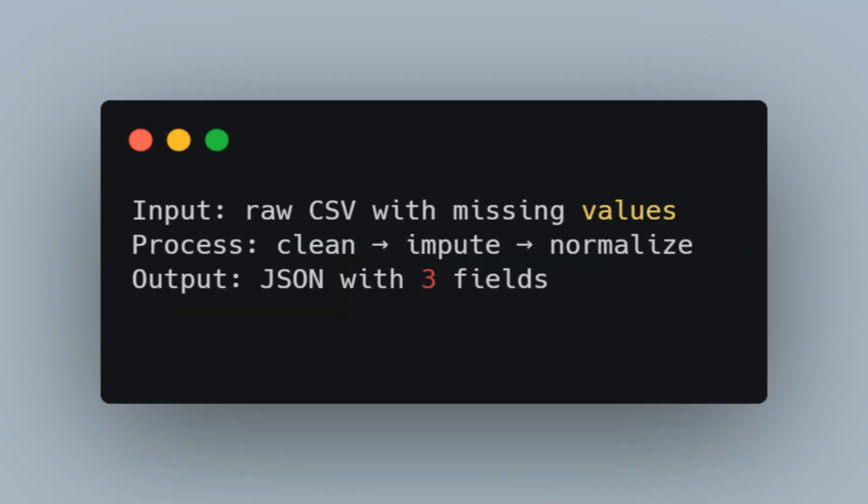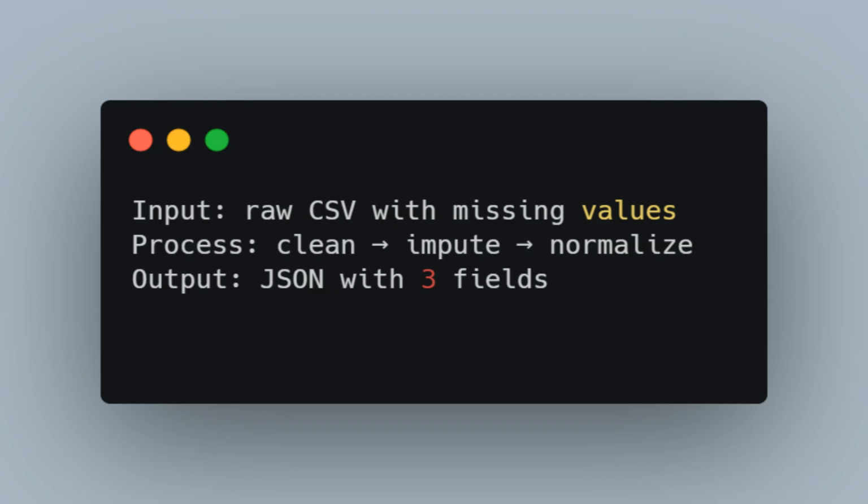And third is our input-process-output, which is the IPO structure. Just remember that. Engineers think in more deterministic flows, right? So I'm going to give an input which is raw CSV with missing values. This is going to remove ambiguity from the model's reasoning space, and you're going to get an output: JSON with 3 fields, right?